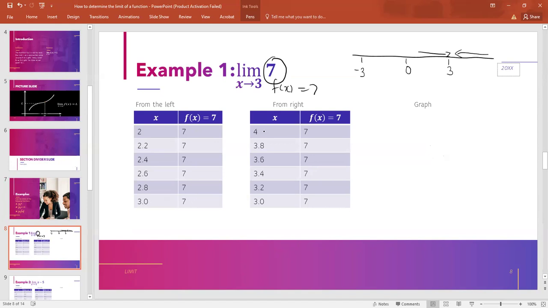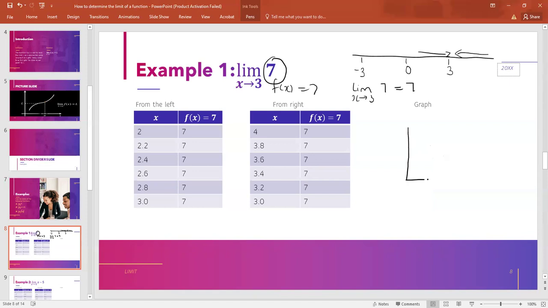From the right, we choose, for instance, 4, and we go gradually up to 3. At 3.8 we have 7, 3.6 up to 3 we still have 7. So as a conclusion, the limit as x goes to 3 of 7 is equal to 7.